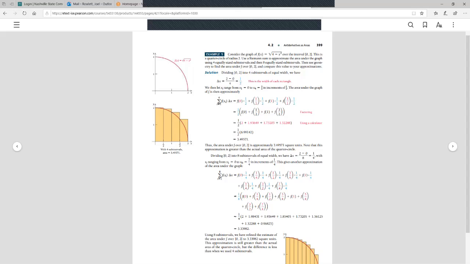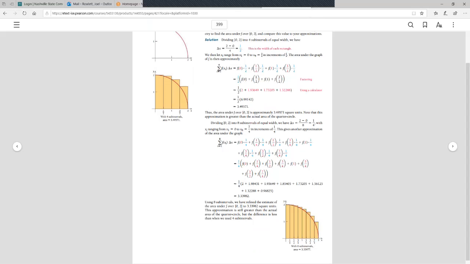And as I said before, if you double the number of rectangles, the amount of error actually diminishes. So if you look at the bottom right, they went from 4 rectangles to 8 rectangles. And notice that the amount of error has been reduced, right? I'm sort of darkening in the area here with a pencil, but the error is diminished.